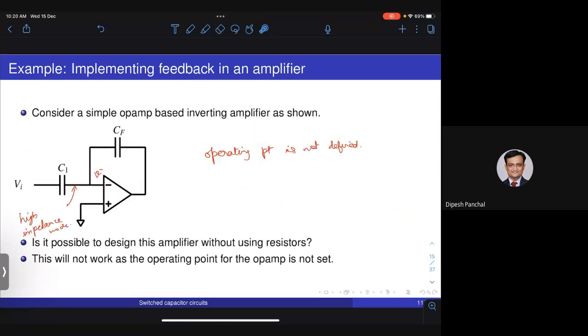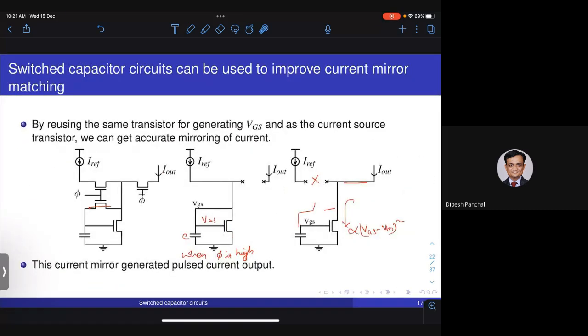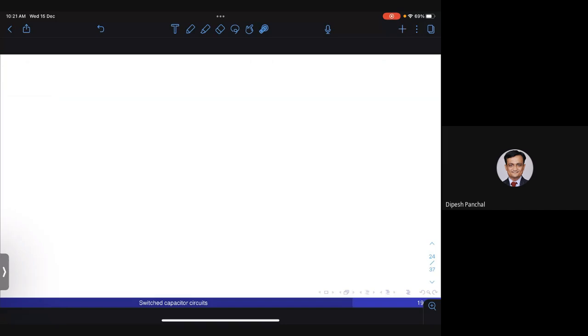So what we have done by using switch capacitor circuits is we have eliminated the need for all the resistors in the circuit and replaced them with switches and capacitors. Switch capacitor circuits eliminate the need for resistors in the circuits.